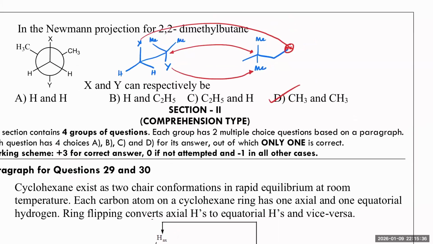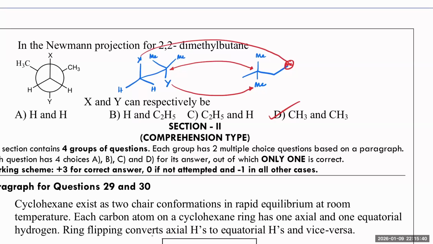Acha. Can it not be hydrogen and C2H5? That can also be an option, right? Because here, if I put hydrogen, let me show the same structure again. Backside I have methyl and Y, I'll take it as hydrogen.